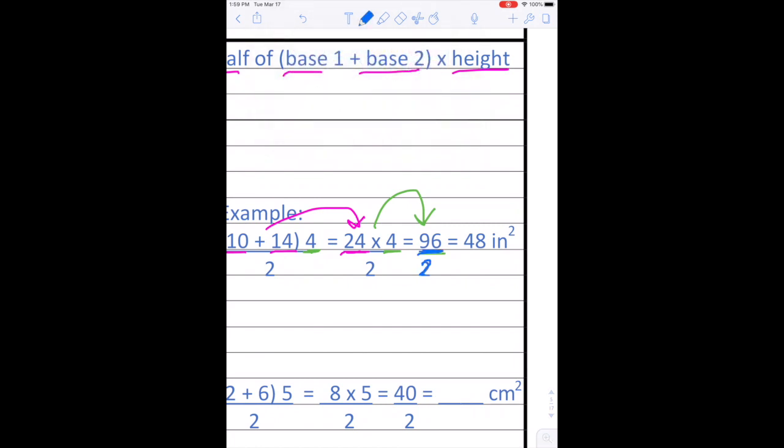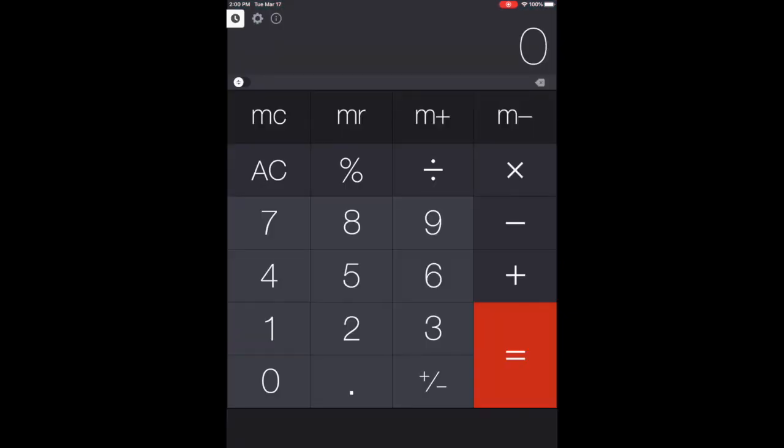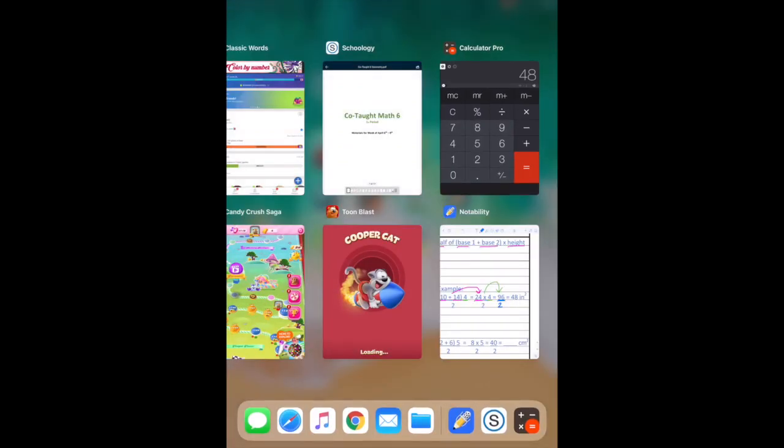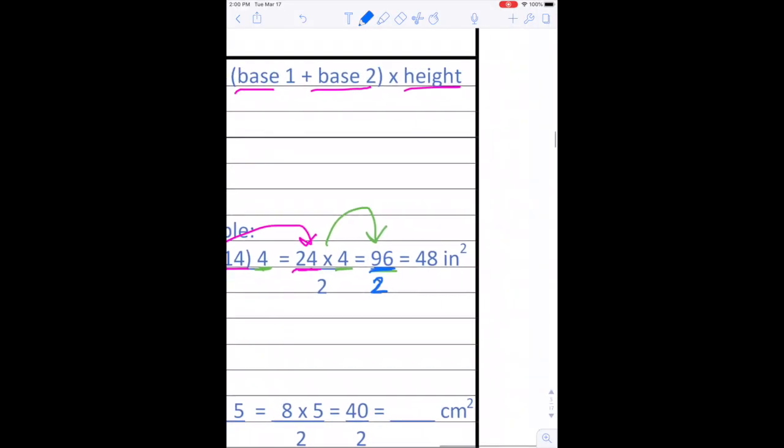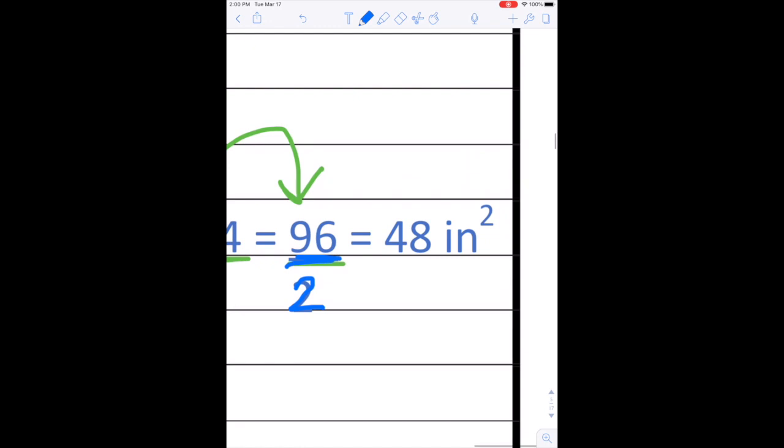So we're going to divide by 2. If I have in my calculator 96, find my calculator quick. So I have 96 divided by 2. That gives me 48. So 96 divided by 2, my answer would be 48 inches. And again, we're looking at area, so we say squared.